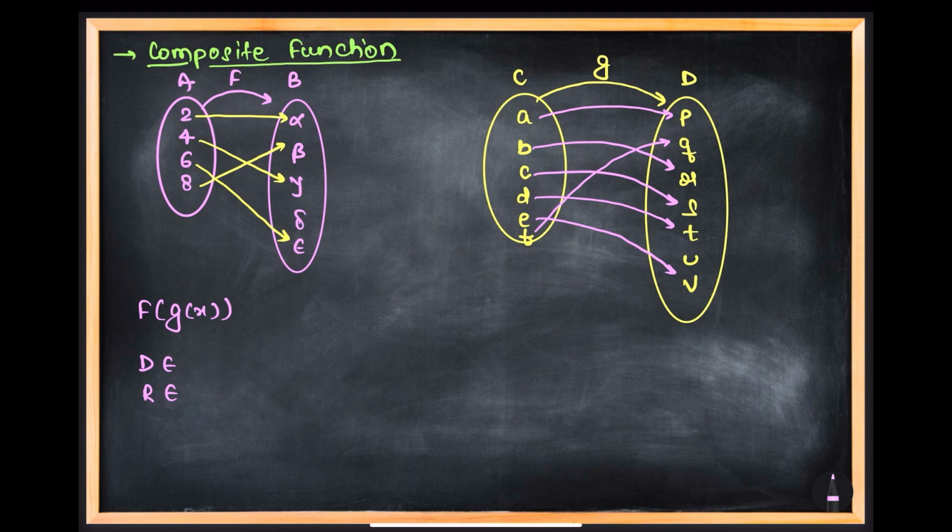Okay. So what is the domain of g function? The g function has domain C. It is not set A, it is not set B, it is not set D. So the domain is A, B, C, D, E, and F. So this we got as the domain.